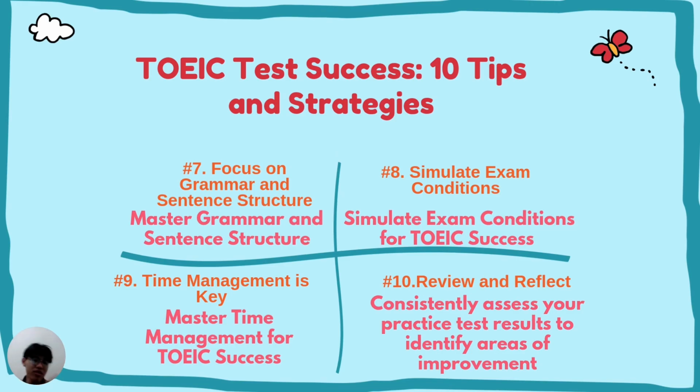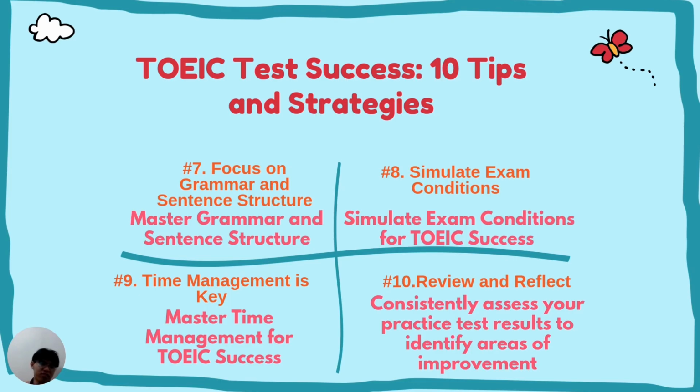So number 7, focus on grammar and sentence structure. Master grammar and sentence structure, then you can pass the test. Number 8, simulate exam conditions. Simulate your exam conditions for TOEIC success. Number 9, time management is key.